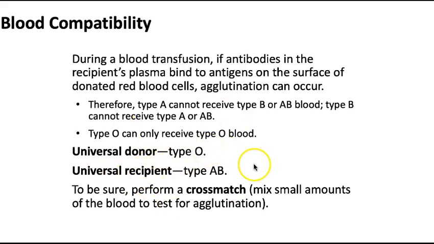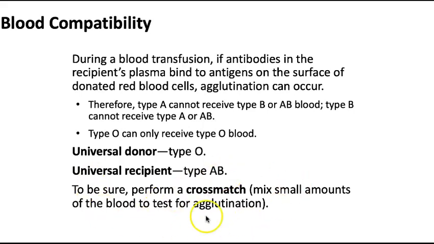And then our universal recipient is type AB since it doesn't create any antibodies. So it can receive type A blood, type B blood, type O blood, and there are no antibodies that will attack it.